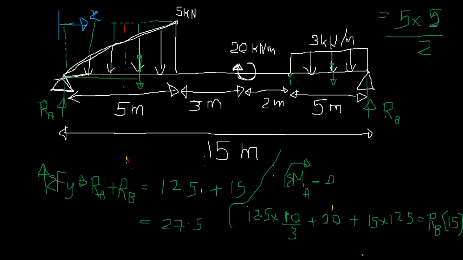So if you solve it, you will end up with 5, 3, 20 plus 249, right? 249 divided by 15 is going to be 16.6.